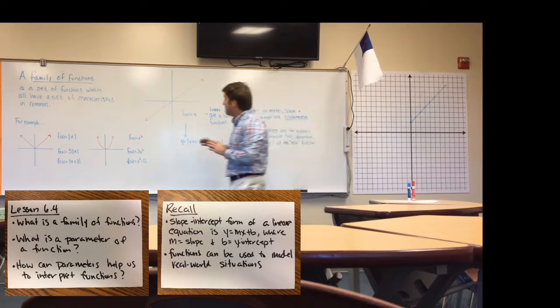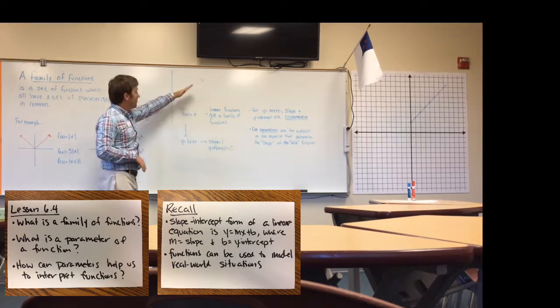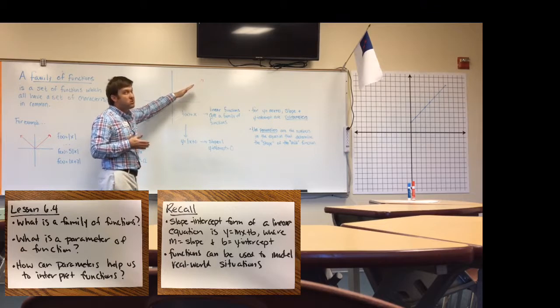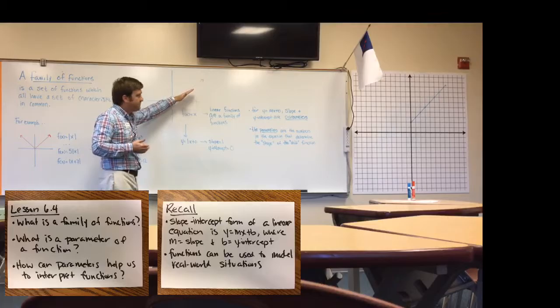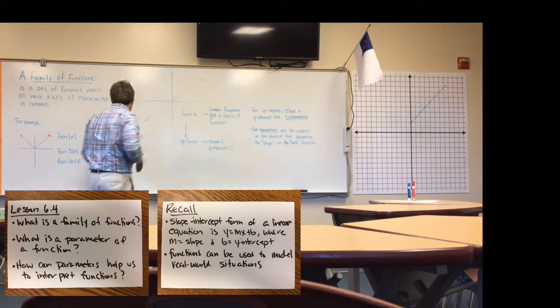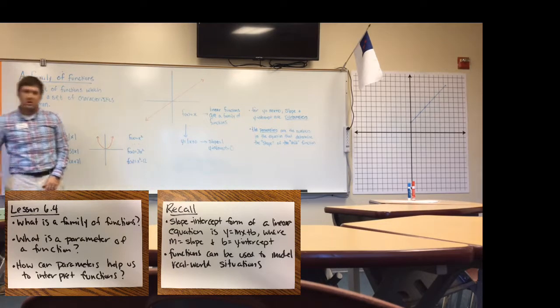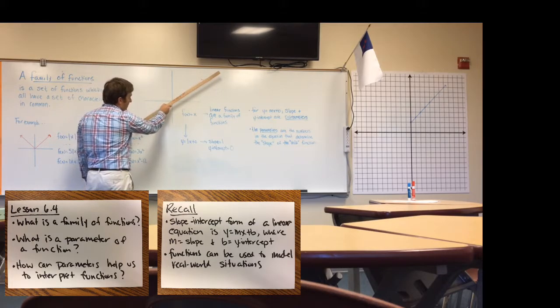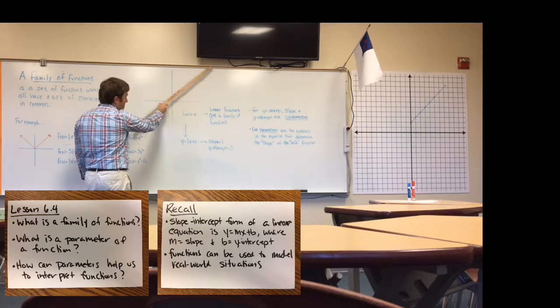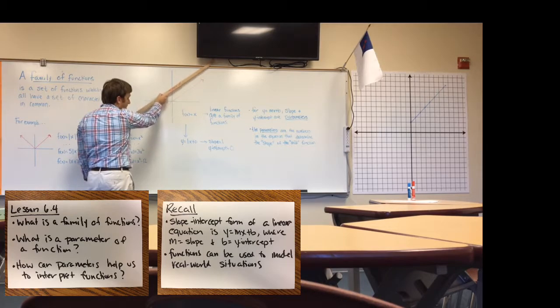So again, if the line at 45 degrees through the origin is our parent function, we can change the slope, okay, which will move it like this, or like this, or we can change the position, okay, which moves it up and down.